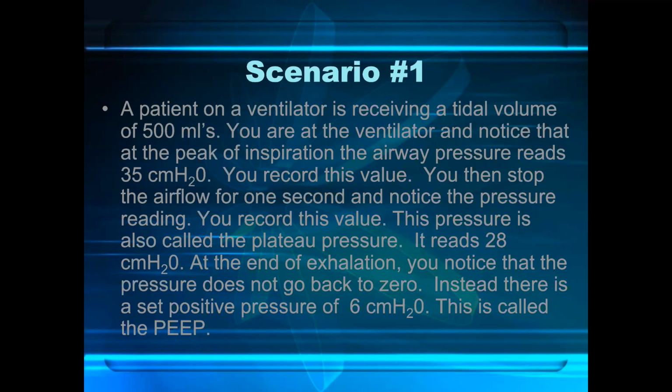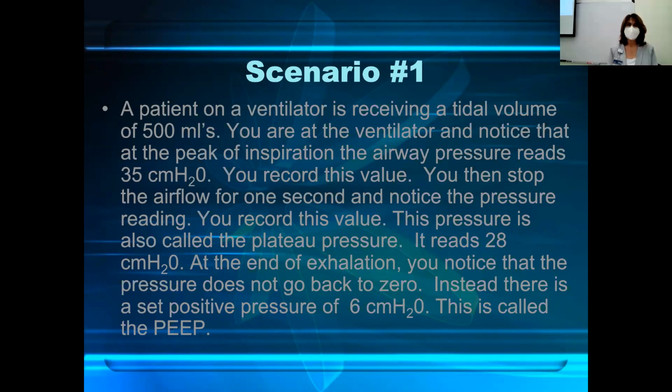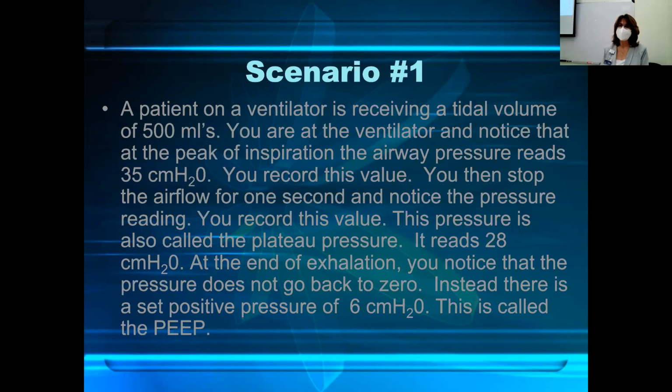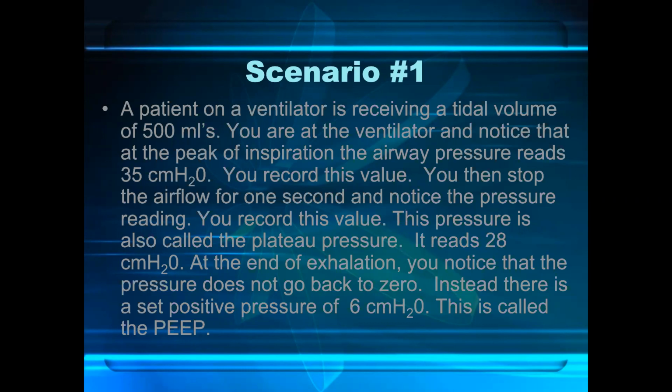29. Yeah, very good. Okay, so now you've got the top number, the tidal volume, you got the bottom number, the change in pressure. So now you just use your calculator and divide those two numbers. So it's 17.24. Yes, very good. And what are the units? mLs.